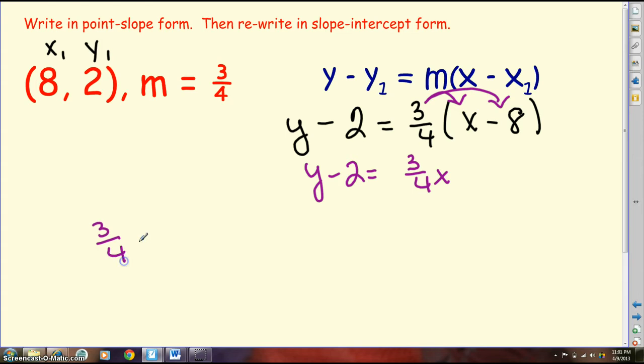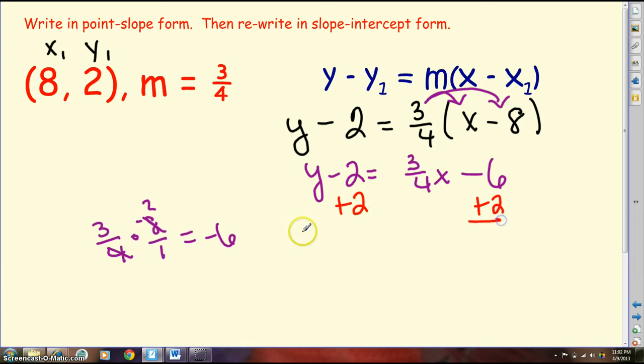So to multiply fractions, quick review, and we can reduce those, and 3 times negative 2 makes negative 6. So 3/4 of negative 8 is negative 6. And then our last step, add on our 2, and we get y equals 3/4 x minus 4. Y equals mx plus b.